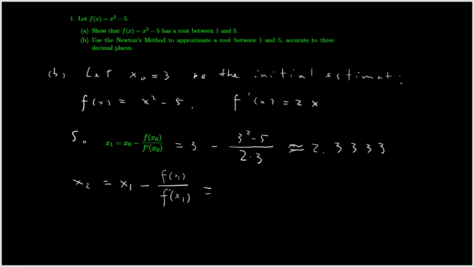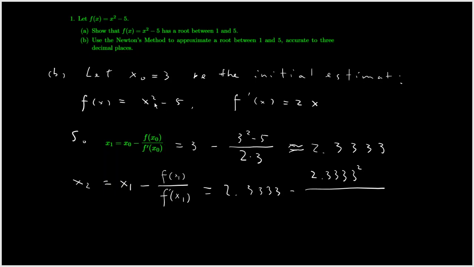And then the value of the function at x1 is 2.3333, right? I mean x1 is 2.3333. On the numerator you compute the value of the function at x1, which is 2.3333 squared. You look at the mouse cursor. The value of the function at x1 is computed using that formula.